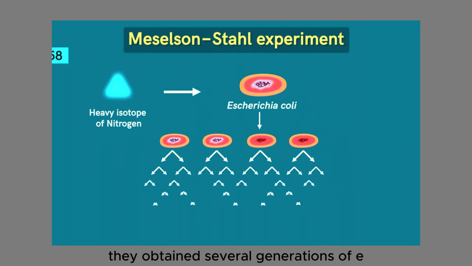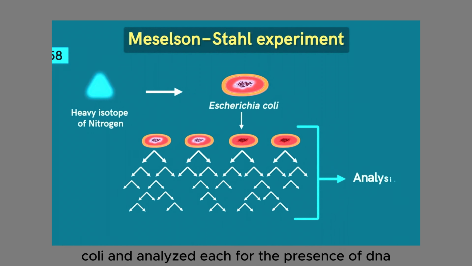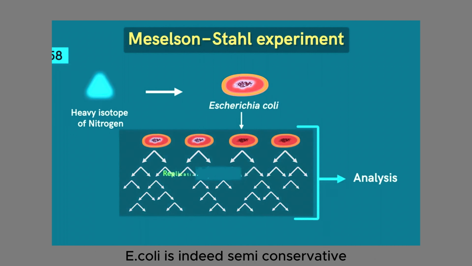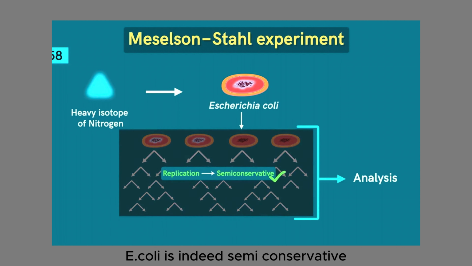They obtained several generations of E. coli and analyzed each for the presence of heavy DNA. The results helped them understand that replication of DNA in E. coli is indeed semi-conservative. This is how DNA replication takes place in almost all organisms.